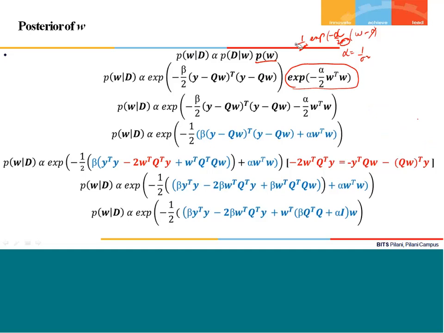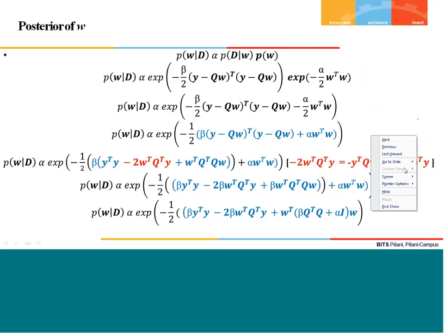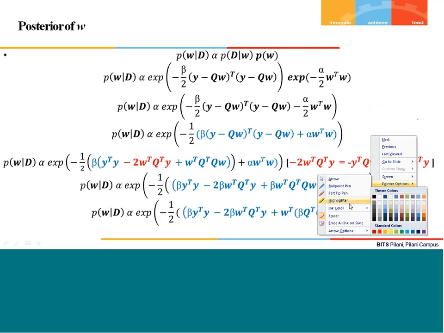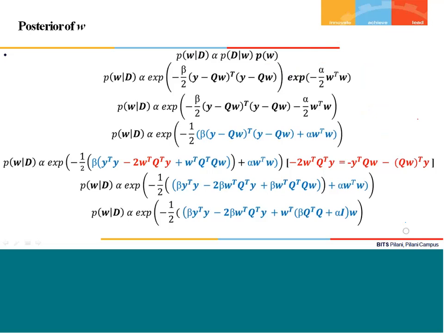Right. So this is my prior probability. I'm multiplying my prior probability with the likelihood probability, and both are in exponential form.